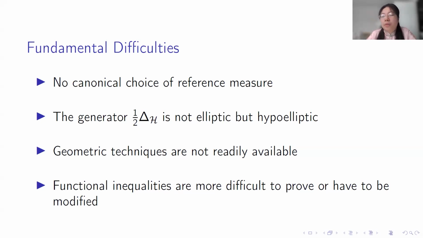And also, if you want to look at some spaces with singular structure, it cannot be directly applied. And last but not least, function inequalities are more difficult to prove or have to be modified.